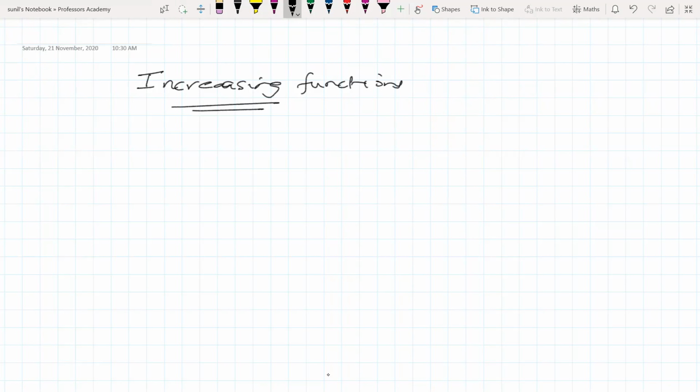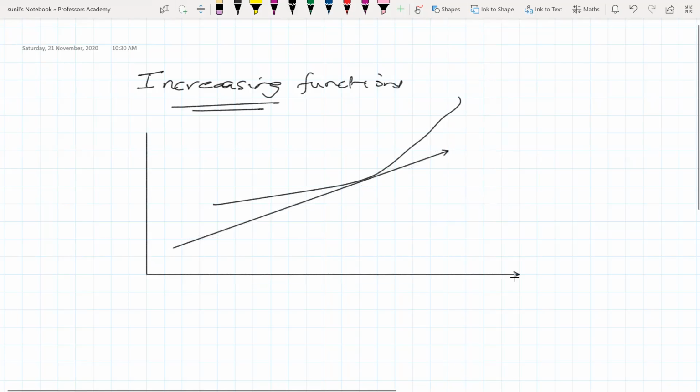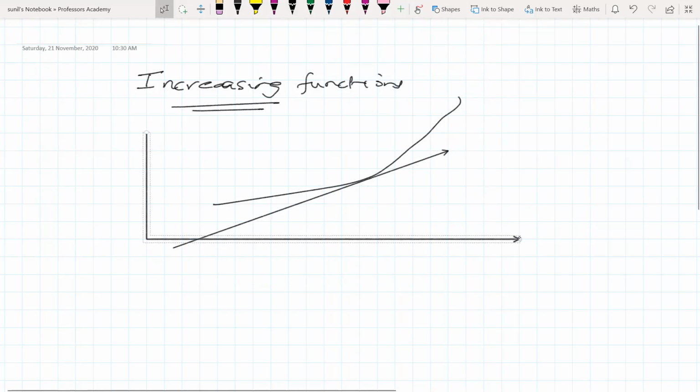Increasing function, you know that the graph will be moving up. So here, if you draw any tangent, you can see that the tangent will make an angle theta with the x-axis, and that theta is coming out to be acute.